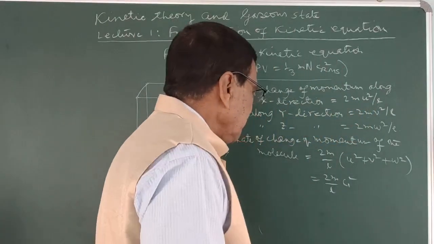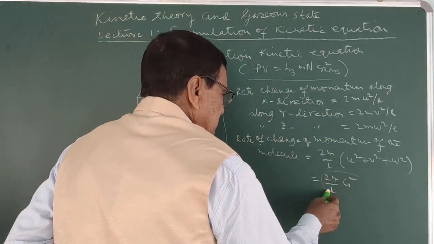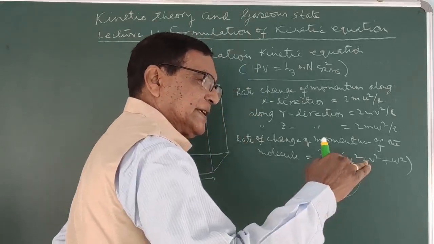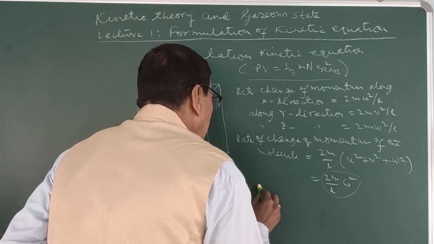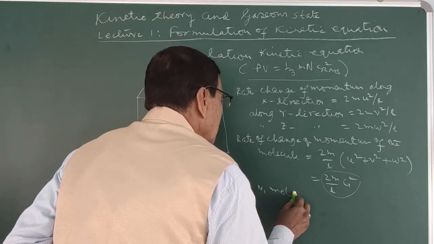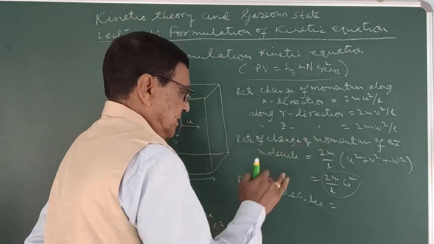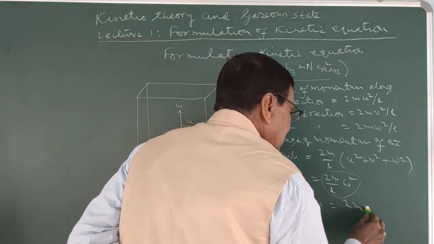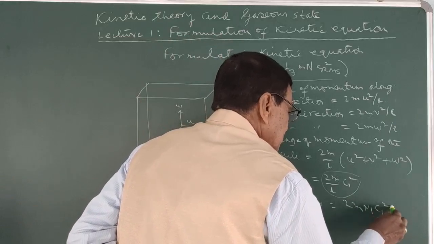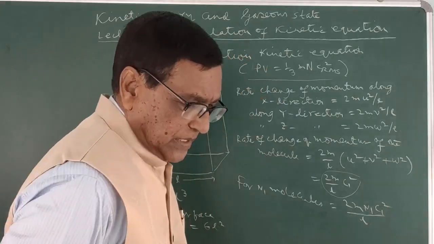Similarly, the number of molecules of this type is N1. So for N1 molecules, the rate of change of momentum will be twice m N1 c1 square divided by l.